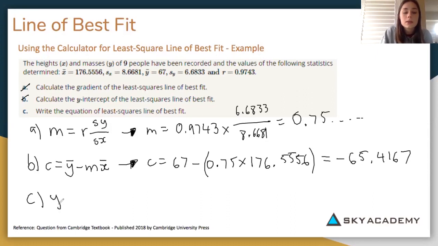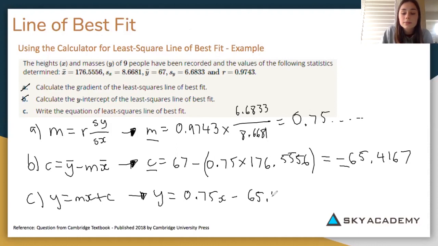And then for C, write the equation of the least squares line of best fit. We know it is y equals mx plus c. So then we can sub our m value and our c value. Y equals 0.75x plus, but we have a minus there, so it'd be a minus 65.4167.